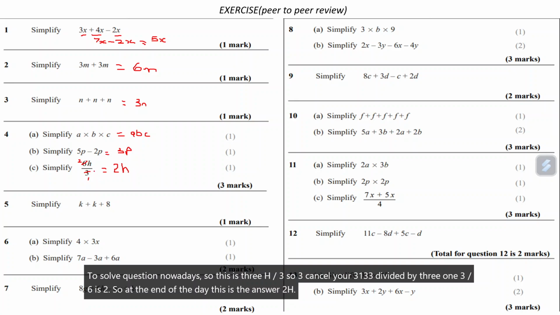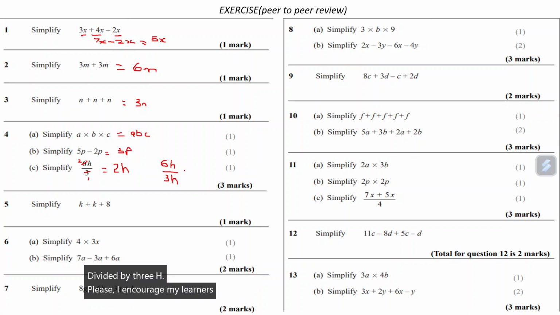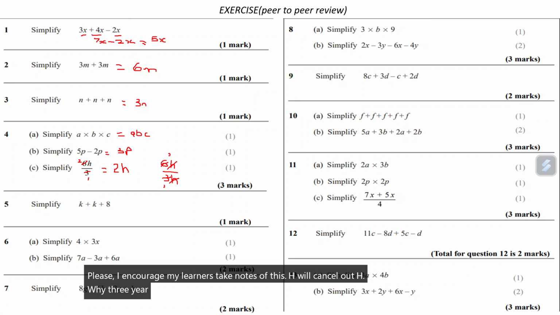A common mistake I found out is that most times some questions will come in this form, 6h divided by 3h. Please, I encourage my learners, take note of this. h will cancel out h, while 3 here is 1, 3 in 6 will be 2.